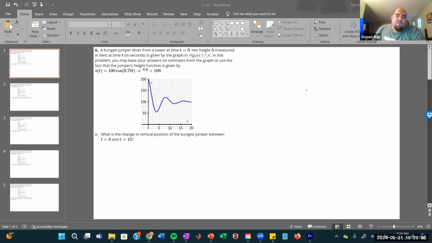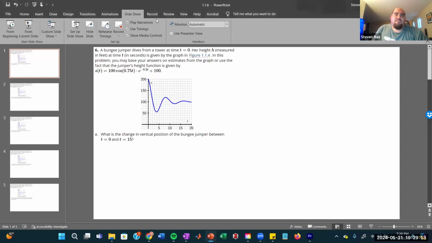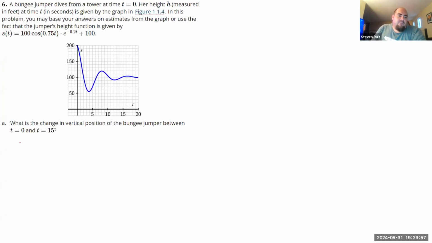If we want to find the change in position, we can evaluate this function at both those points and find their difference. So let's go ahead and do that. I want to find S of 0, which will be 100 times cosine of 0.75 times 0 times e to the negative 0.2 times 0, plus 100.